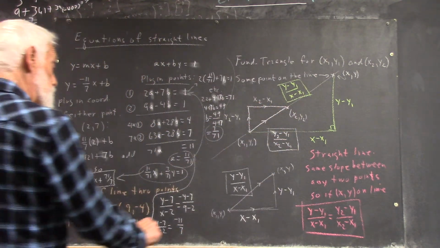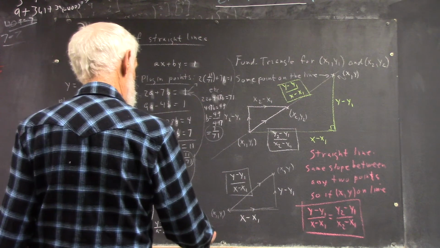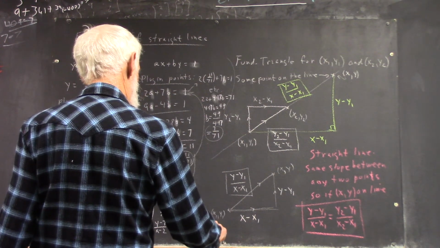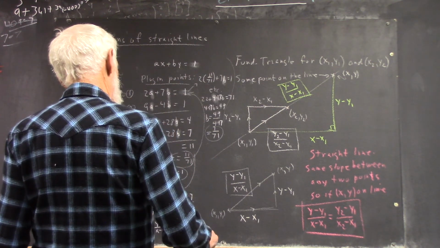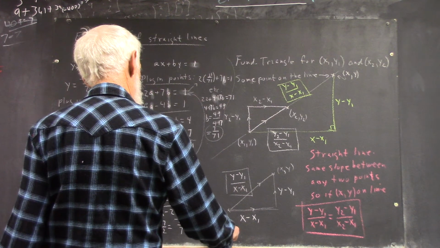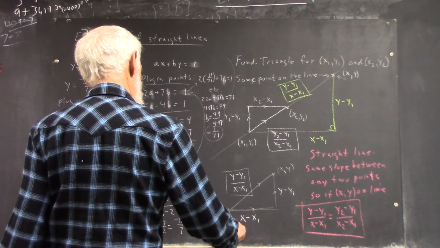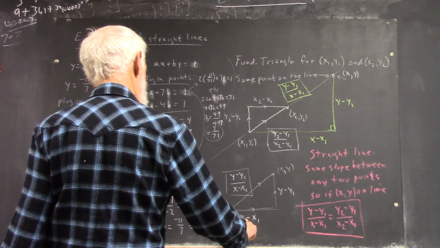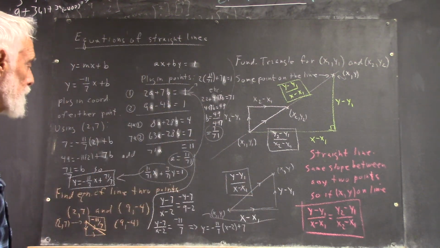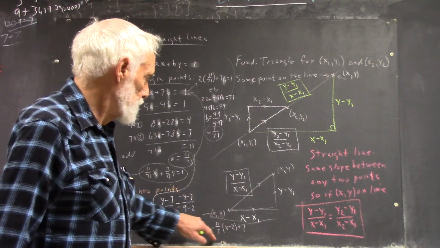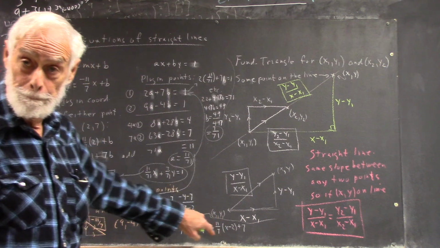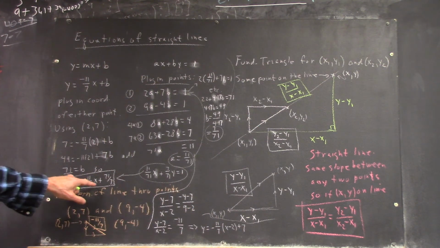And then we solve this, and if we simplify this, use the distributive law, we're going to get negative 11/7 x, right?